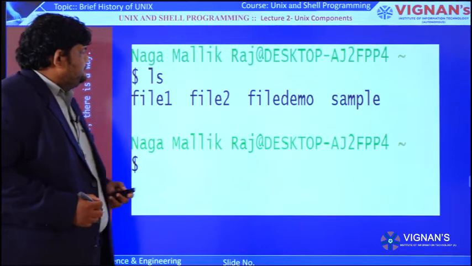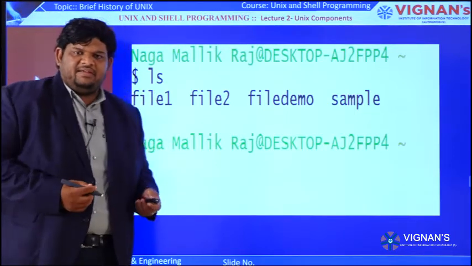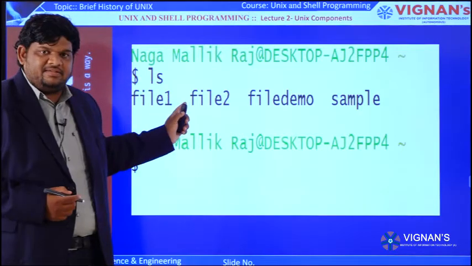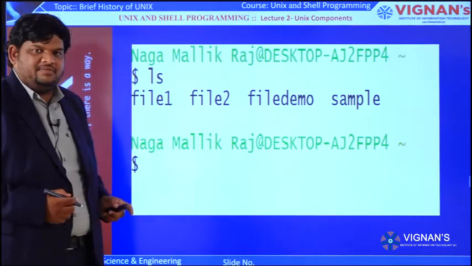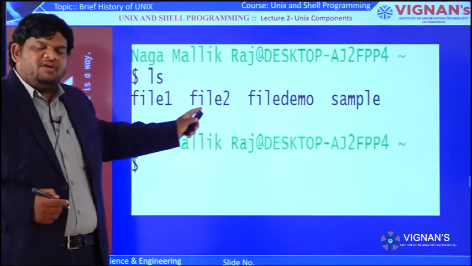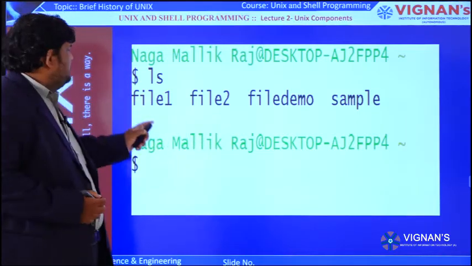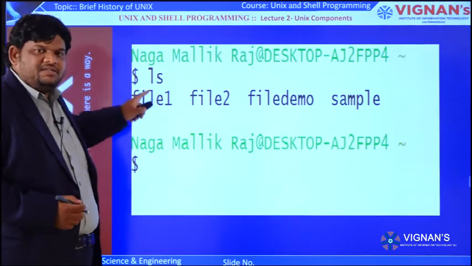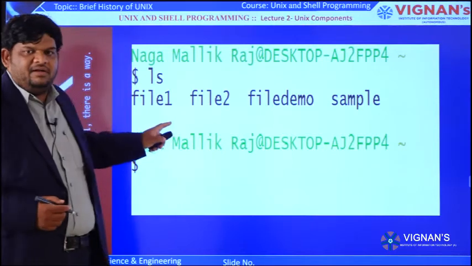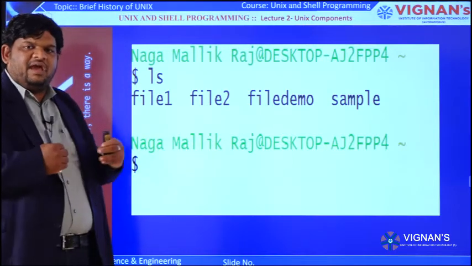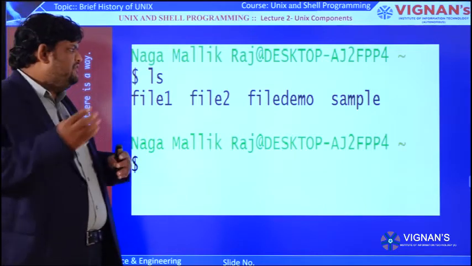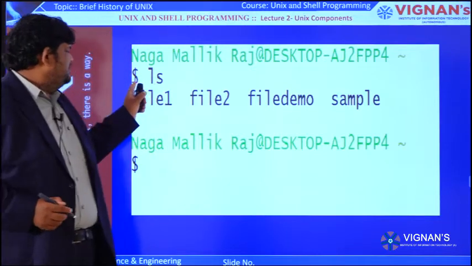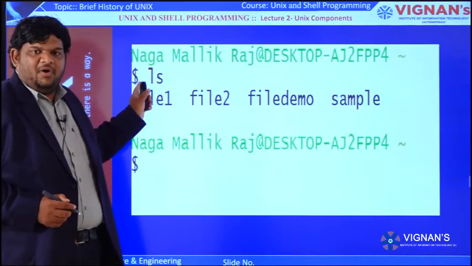Now let us see. After installation of Linux or Unix, we can see one terminal. The terminal appearance is like this. What does this terminal indicate? This is one of the components of Unix. If you see here, this is a dollar symbol. That means it is the shell or command line interpreter. The user can interact with the system only through the shell. Here, the dollar symbol indicates Bourne shell.